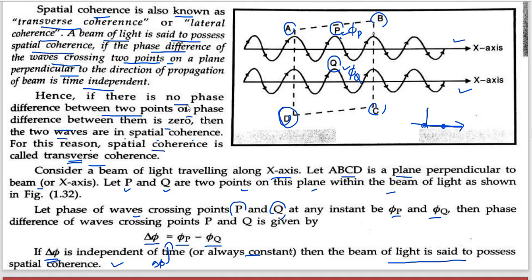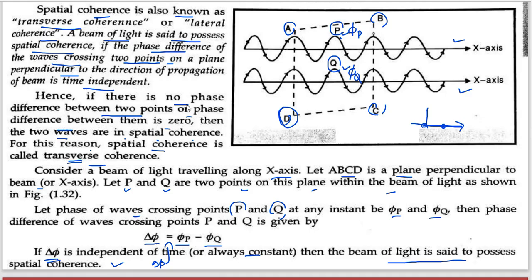So basically the basic difference between spatial and temporal coherence is that in temporal coherence the wave propagates along a single direction, and we compare the phase difference between two points along the same direction. That means in temporal coherence the phase difference remains constant along the same direction between two points.